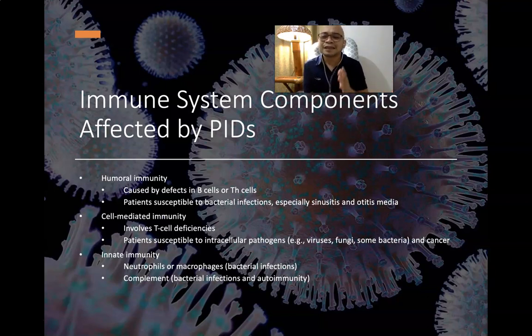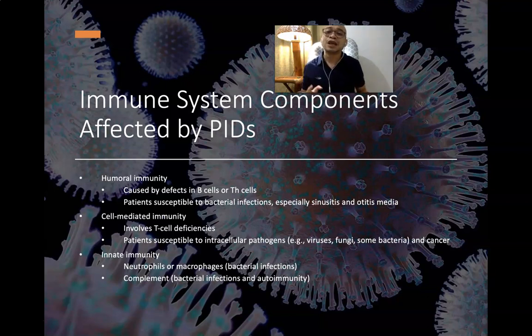Without T cell function, it will be difficult for our immune system to destroy target cells. Intracellular pathogens, by the way, do not only refer to viruses, but may also refer to fungi and some bacteria. An example of bacteria that can cause intracellular infection would be chlamydia. It would also make us susceptible to cancer. So as you can see, either humoral or cell-mediated immunodeficiency could make a person susceptible to cancer.